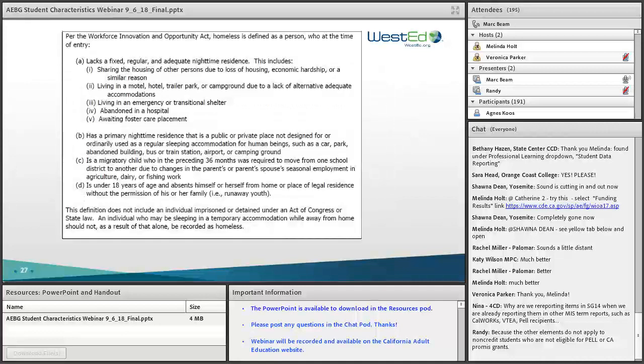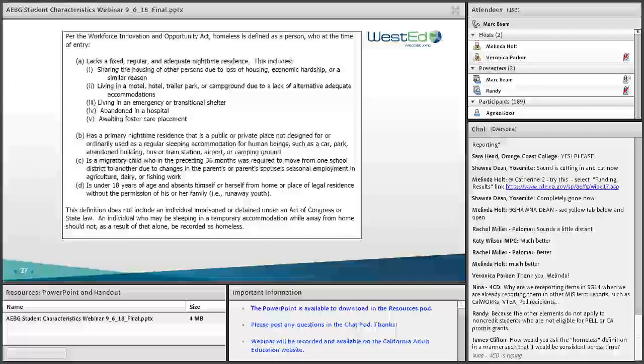This is the actual WIOA definition of homeless, and you can see it's really quite complicated, and at the same time there are some boundaries that we might consider. I have asked for input from the field, and our work group is going to look at that and collectively provide some suggestions or best practices so that everyone can perhaps implement a consistent way of data collection on homeless students.